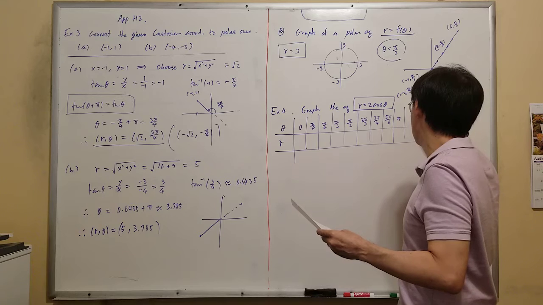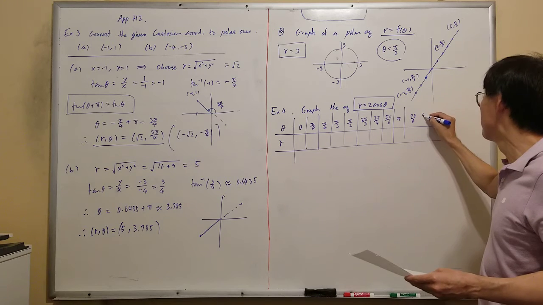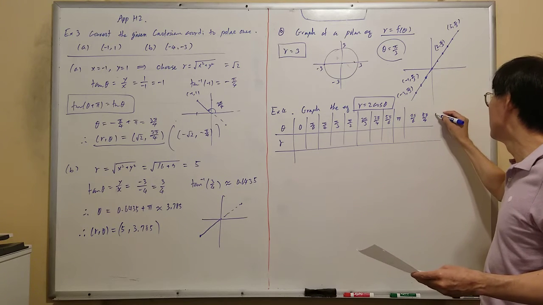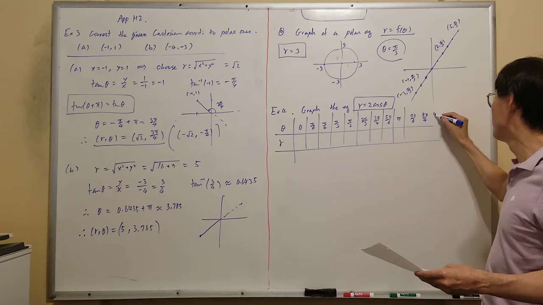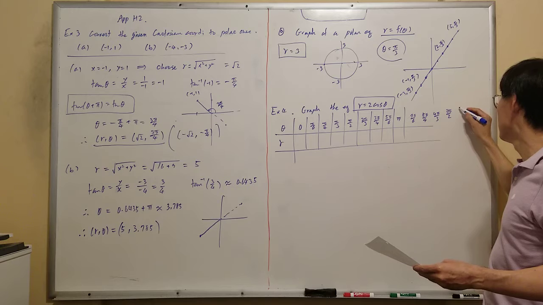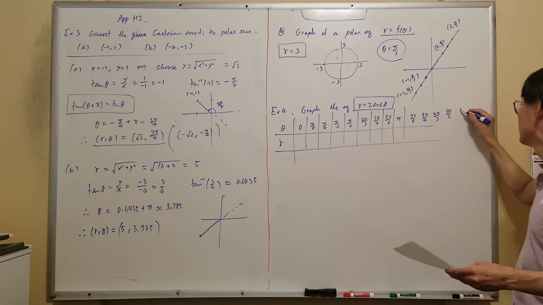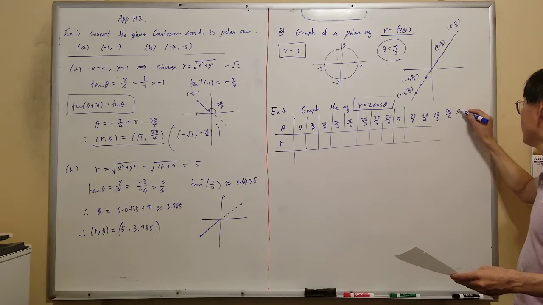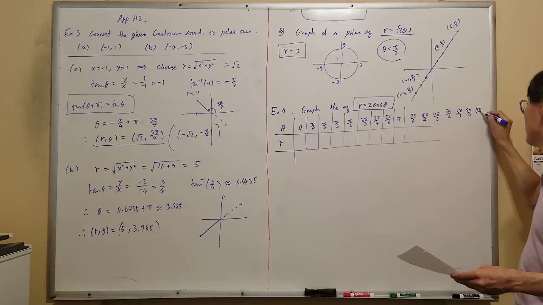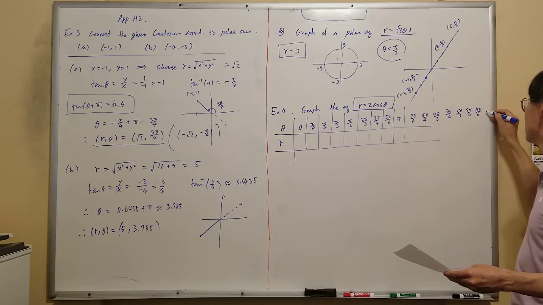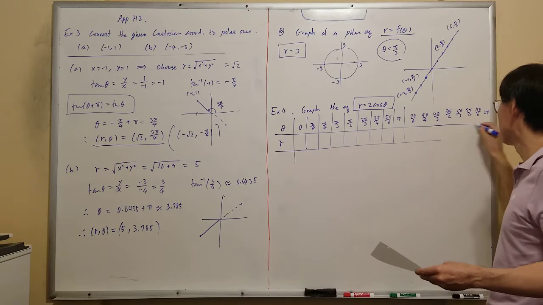And then 7 pi over 6, 5 pi over 4, 4 pi over 3, 3 pi over 2, and then 5 pi over 3, 7 pi over 4, 11 pi over 6, and 2 pi, right?